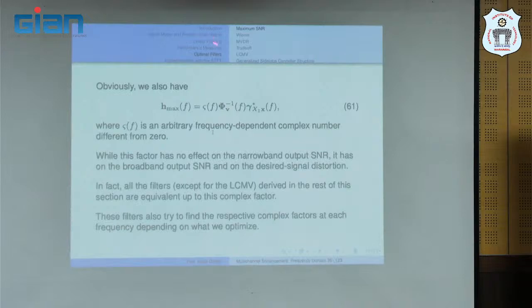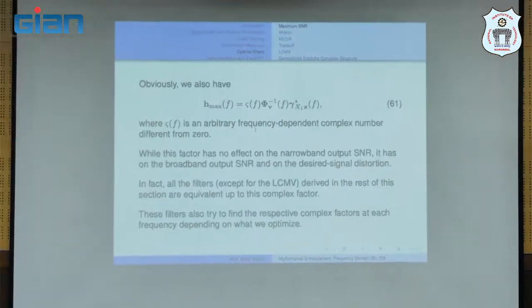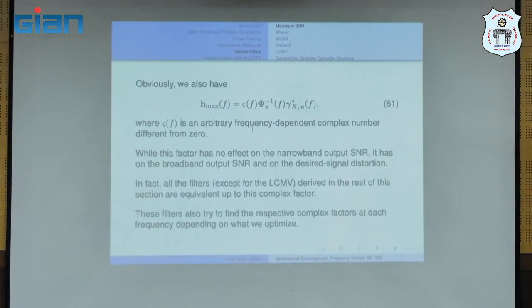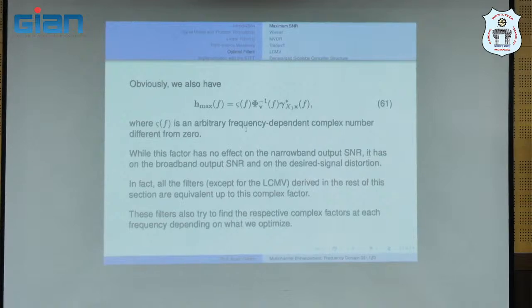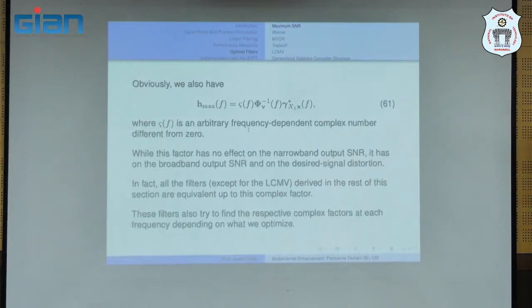We will see that for the other filters that we will discuss, some of them you know, because we discussed them for the single channel, but we will also discuss LCMV and the generalized sidelobe canceller structure, which are very important for multi-channel signal enhancement and also for beamforming in the frequency domain.